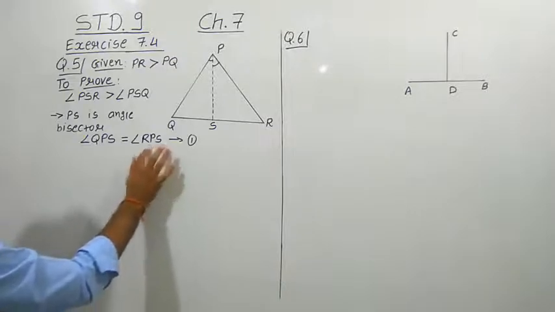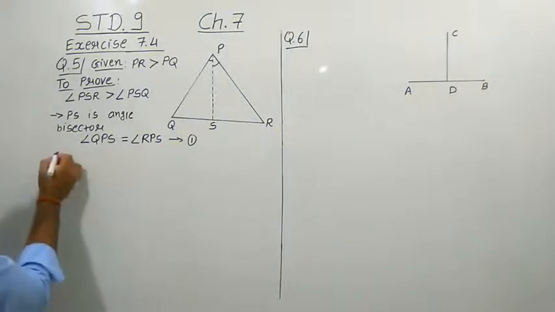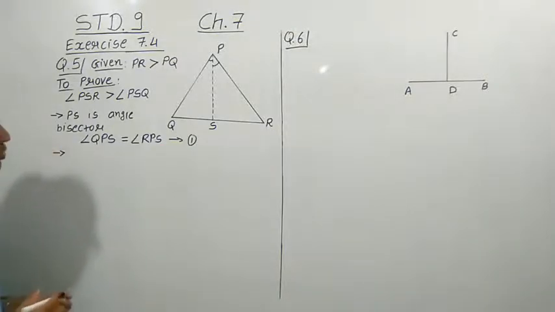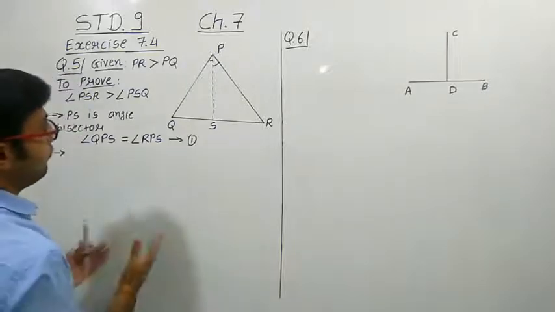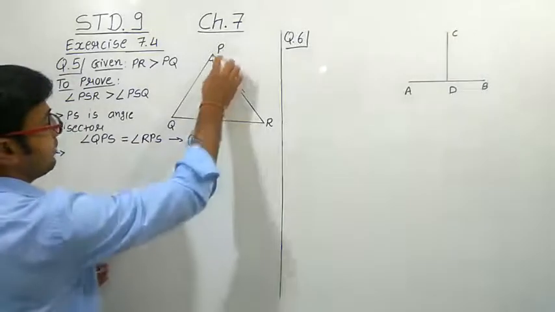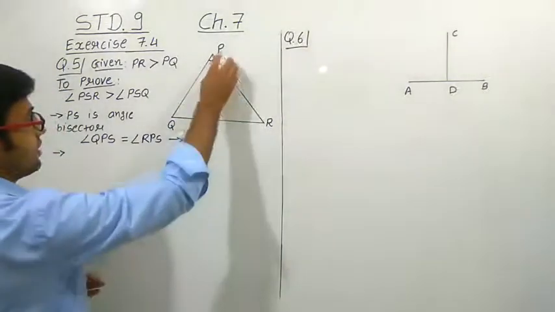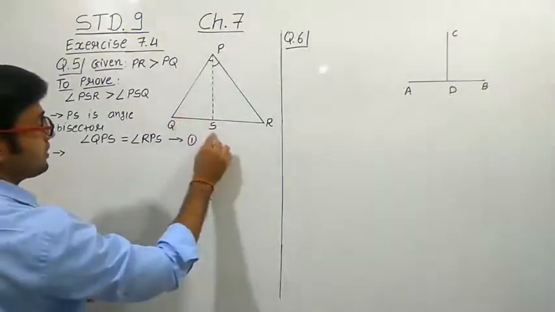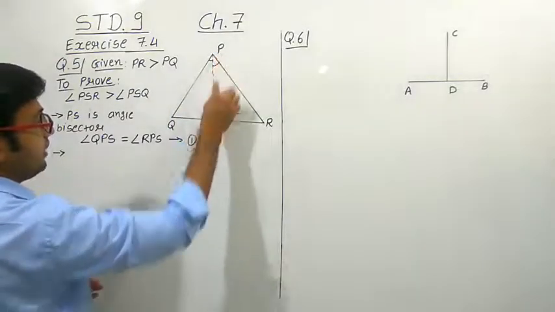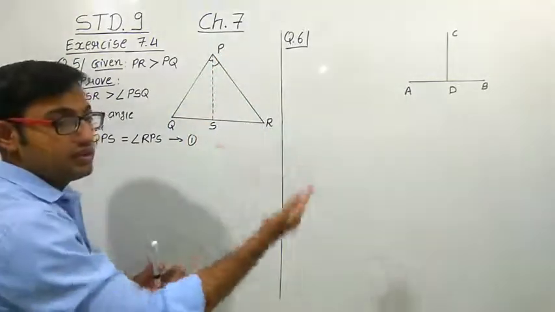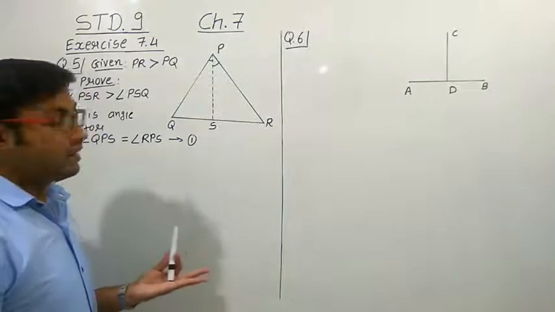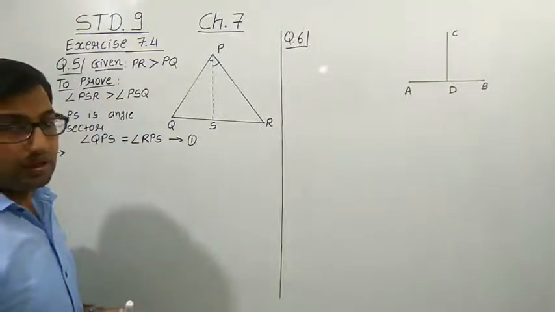Now we have to notice one thing: two triangles are there, one is PSQ and one is PSR. If we consider triangle PQS, then what is PSR making? It is making an exterior angle, right?